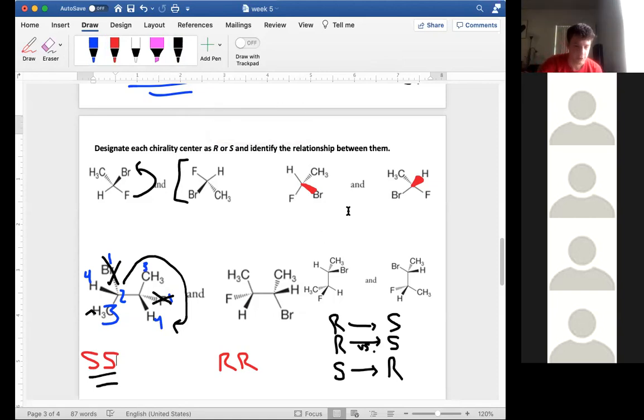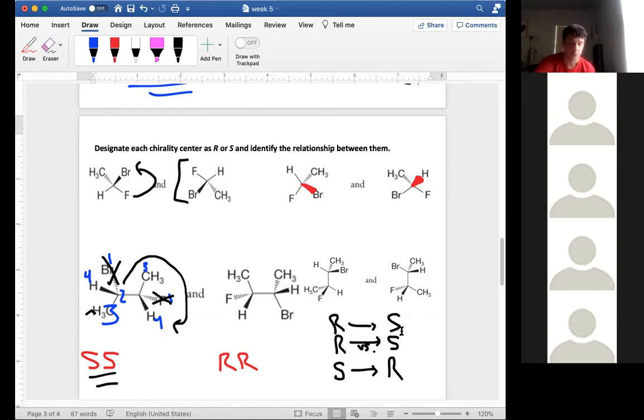Just do the R and S. If you have a molecule that's, say, RS, and the other molecule's chiral centers all have the R and S flipped, then it's an enantiomer.